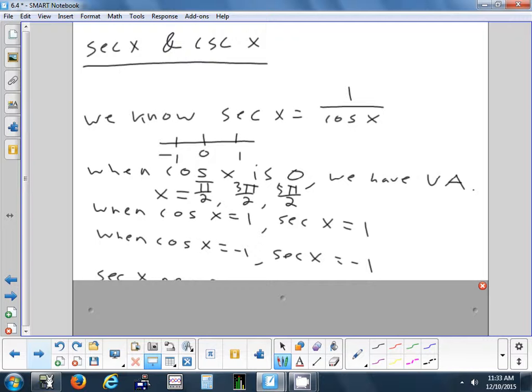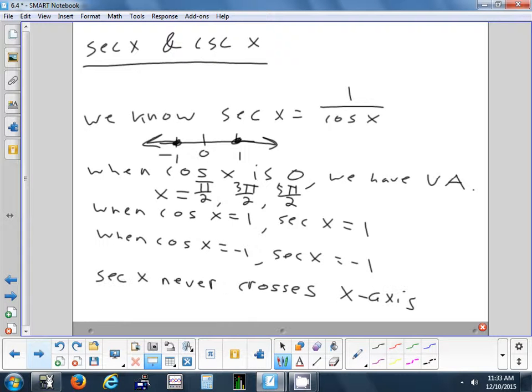Cosine is never any bigger than 1, okay? Which means this fraction can never be between -1 and 1. Secant is always either bigger than 1 or smaller than -1. So if you think of a graph of the range, it would look something like this. Any value from 1 and up or -1 and down. And because it never reaches 0, it cannot cross the x-axis.